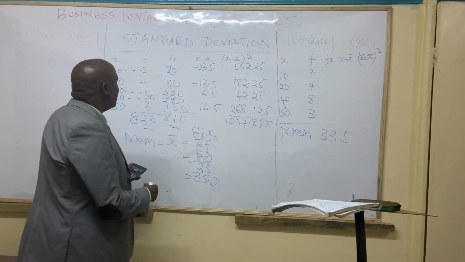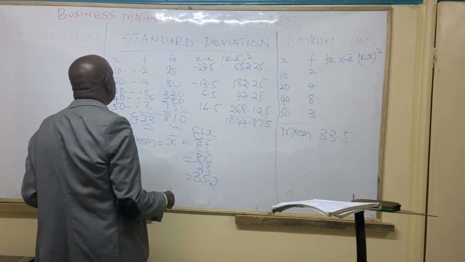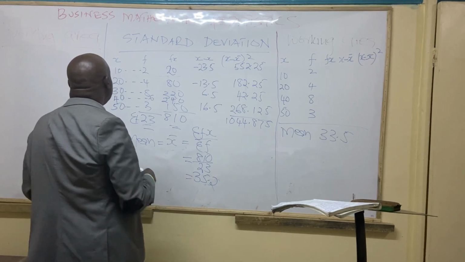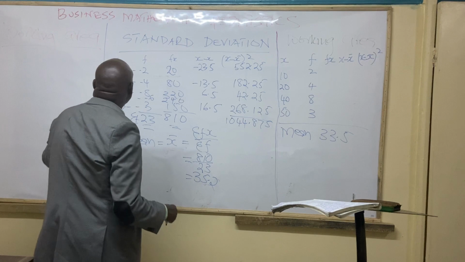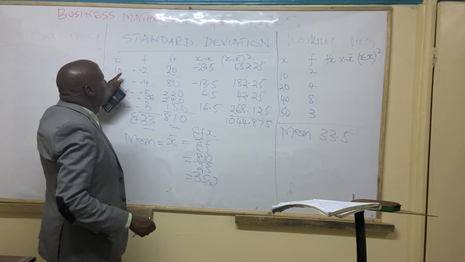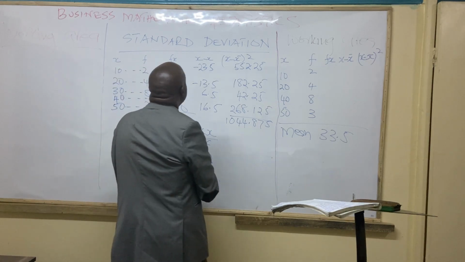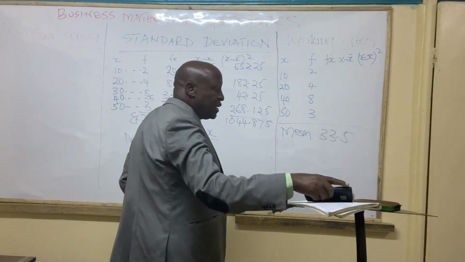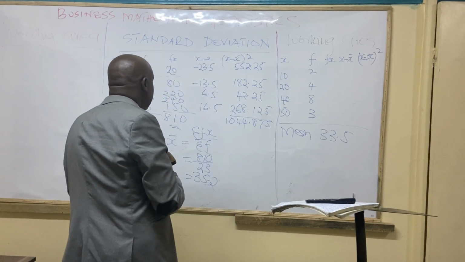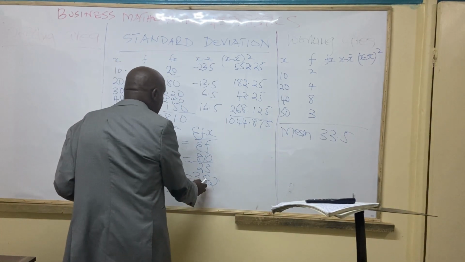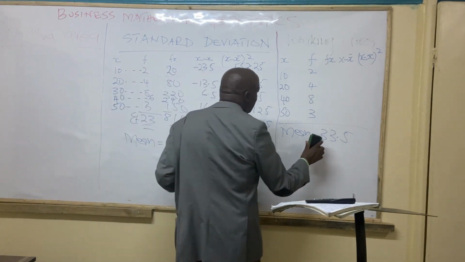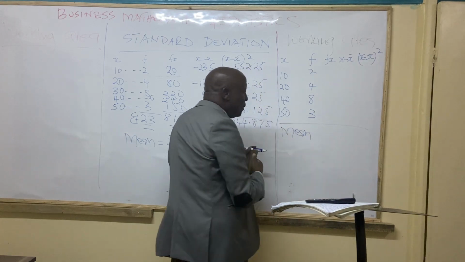So let us come to our deviation. The whole thing is going to change because now our mean is 35.2, but originally it was 33.5.